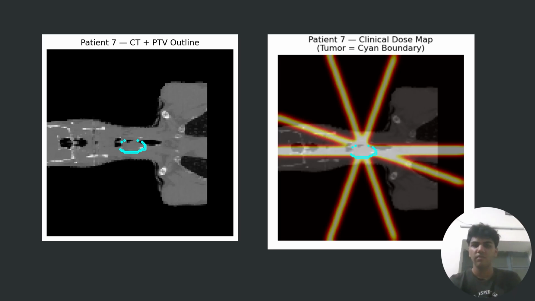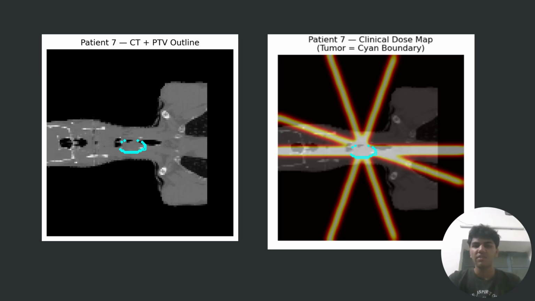On the right, we see the output generated by the RL agent, the optimized beam configuration and the resulting dose distribution. You can see how the beam converges precisely towards the target while avoiding critical structures in the surrounding head and neck region.